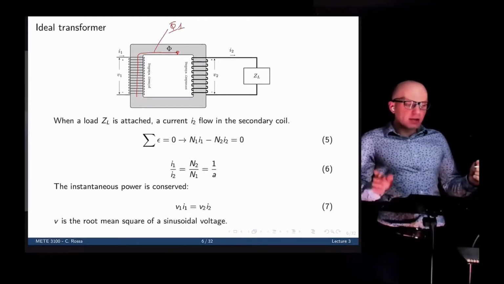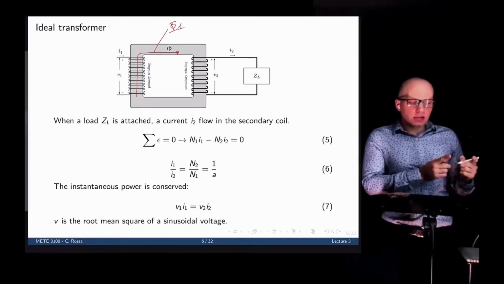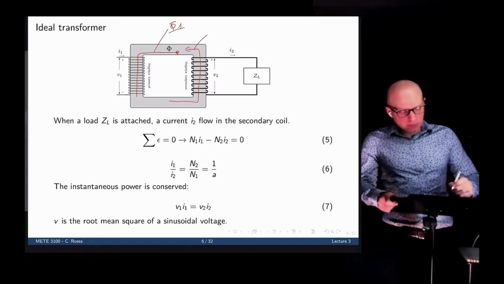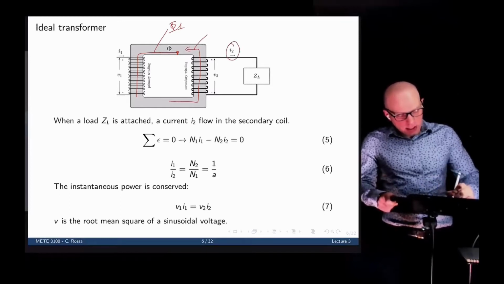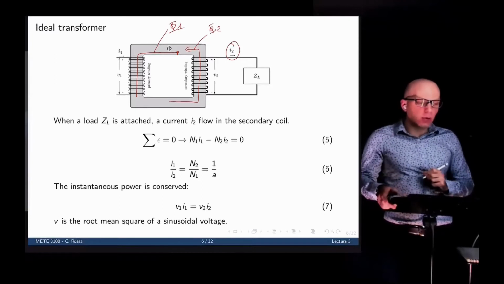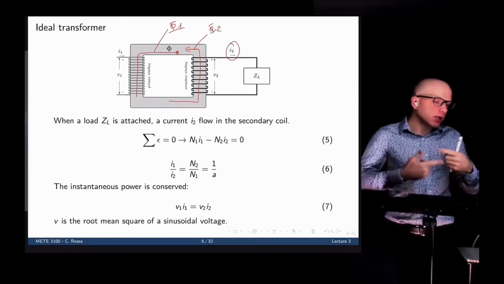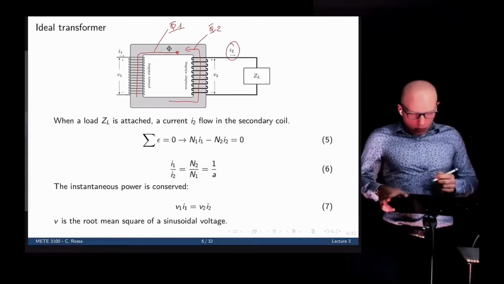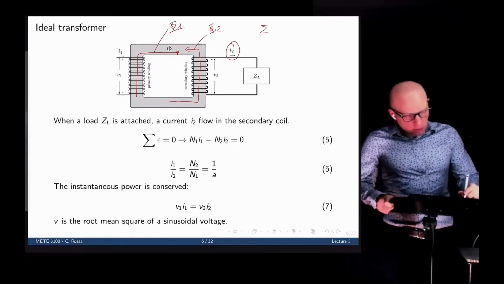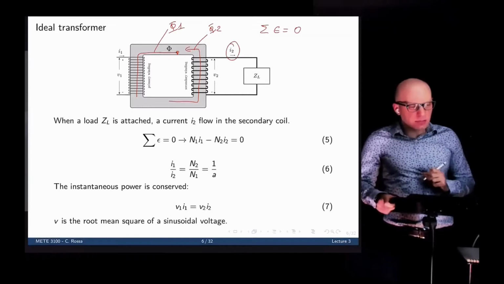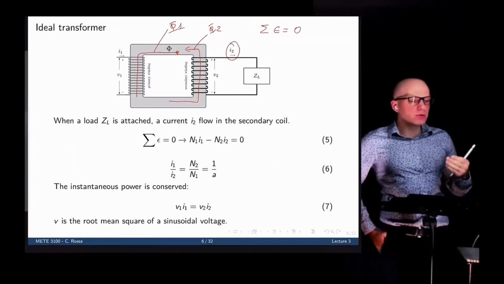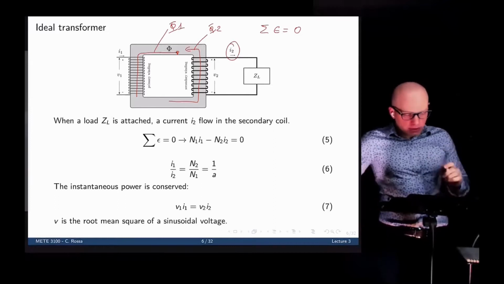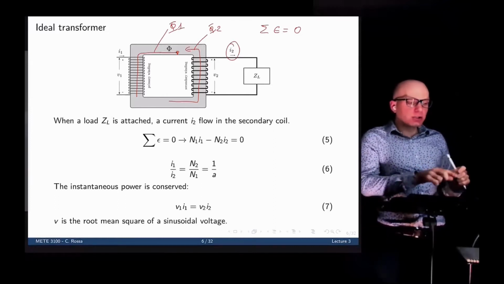The EMF in the secondary winding, because of Lenz's law, will need to create a magnetic flux, because of this current, that goes in the opposite direction as phi1. Otherwise, again, we run into an infinite loop, which means that the sum of all EMF must be 0. They must oppose each other.